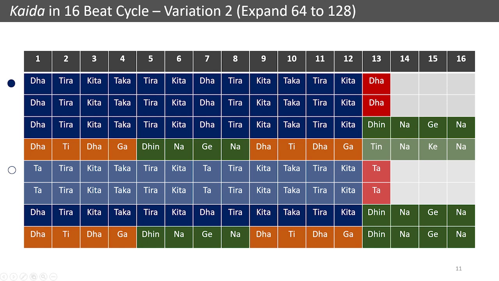Dha tarikata takatarikata dha tarikata takatarikata dha. Dha tarikata takatarikata dha tarikata takatarikata dhinna gena dhati dhaga dhinna gena dhati dhaga tinna gena. All I've done in creating this variation was to put the syllable dha in the place of what was dhinna gena before.